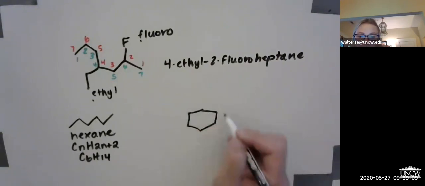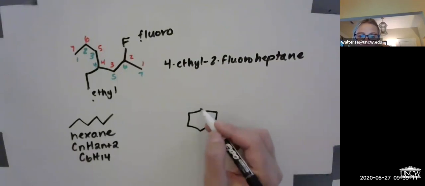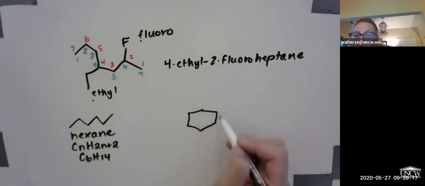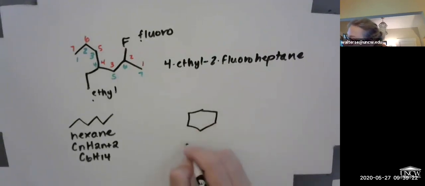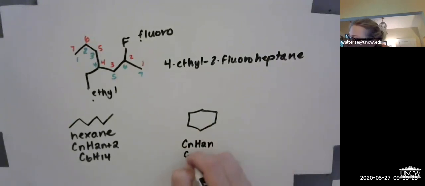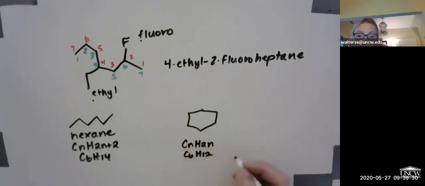Now, if you instead have a 6-membered ring, when you count the number of hydrogens, because each of these carbons in the ring is already making 2 bonds, all of the carbons in this ring only need 2 hydrogens. So it becomes CnH2n, C6H12.